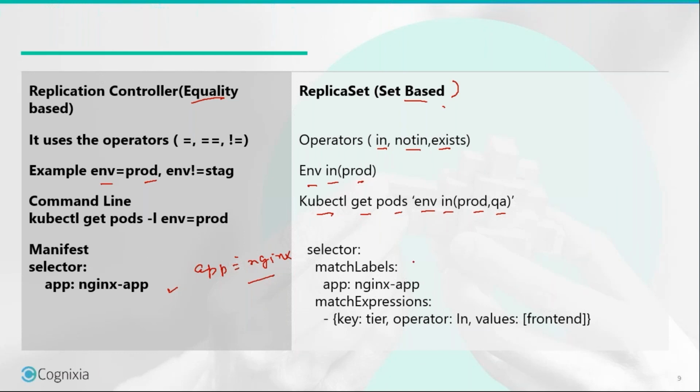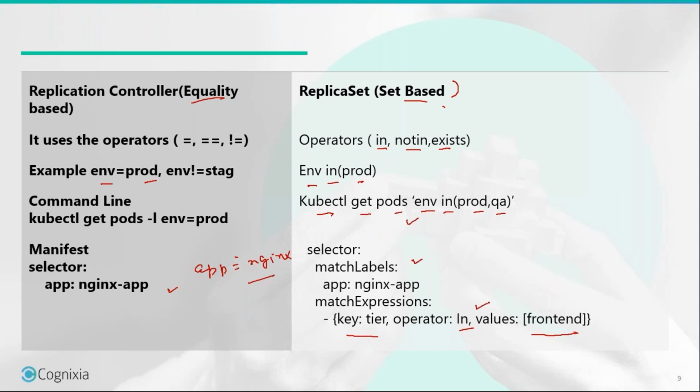In the selector, you can use matchLabels, which is the same as your manifest selector in the replication controller, meaning equality based, and you can use matchExpressions as well, like the key is tier, the operator you are using is in, and the values are frontend. This will help you to write the query on a selection basis.